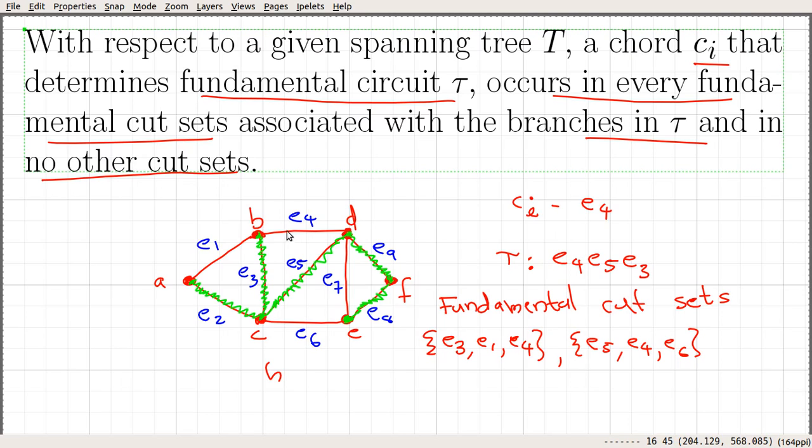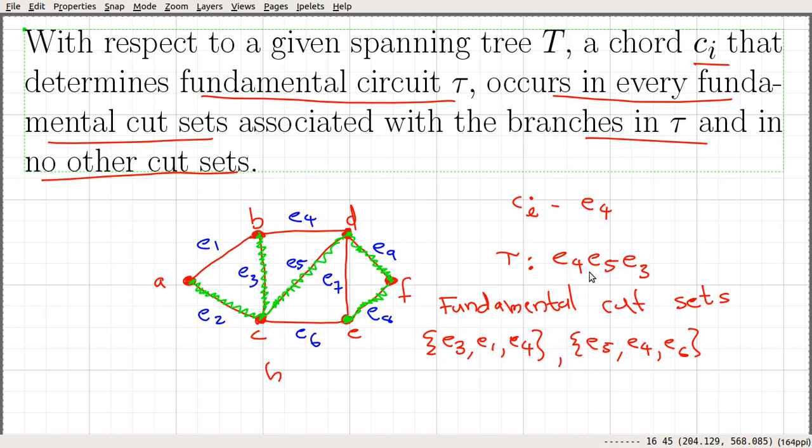Every chord determines a unique fundamental cycle. So with respect to this chord, there will be a unique fundamental cycle. Let's call that tau, and in this case the fundamental cycle will be E4, E5, E3.